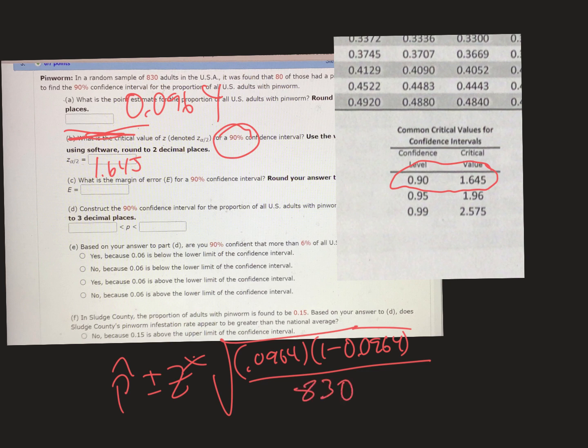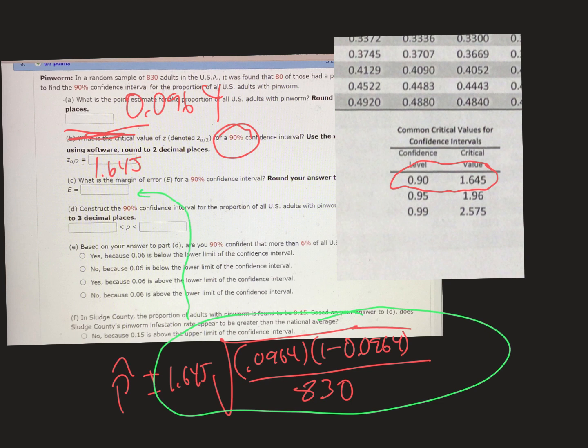And while I'm at it, let's erase z star and write in the 1.645. So this value that we're going to calculate is the margin of error. It's going to go right here. That's what we're going to add and subtract from the point estimate, the p hat.